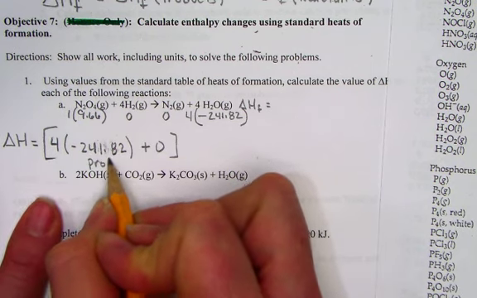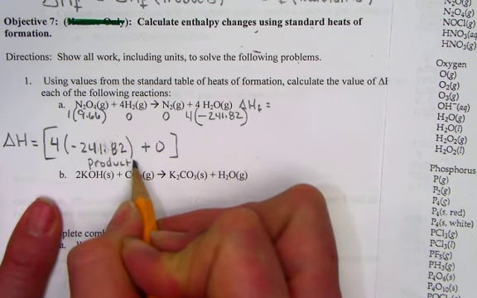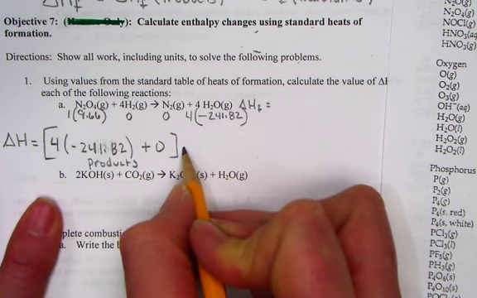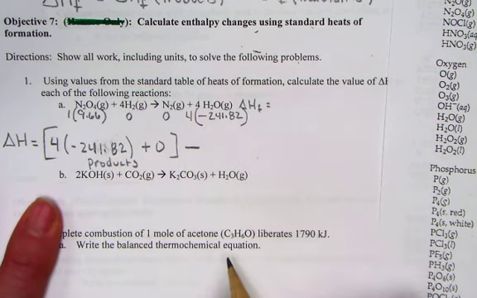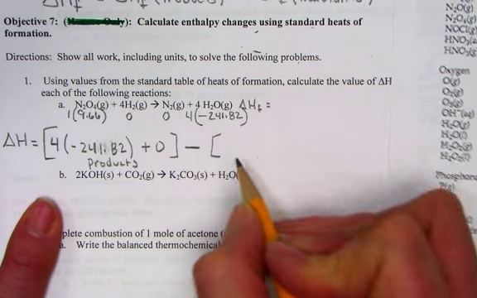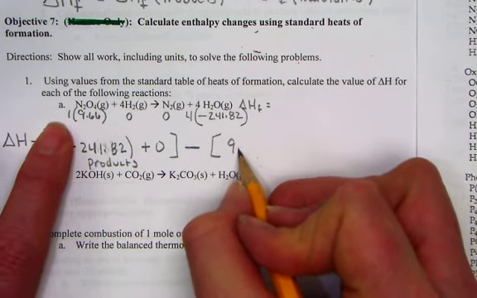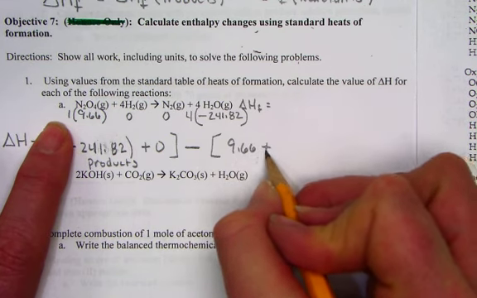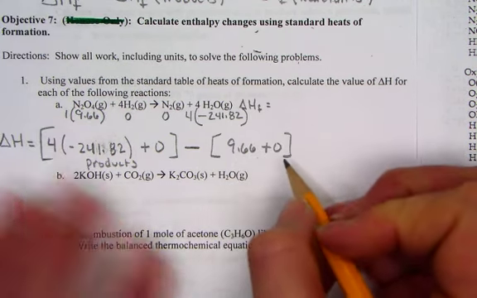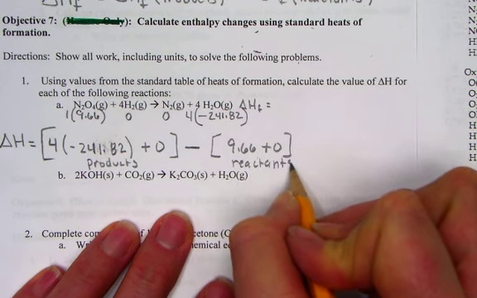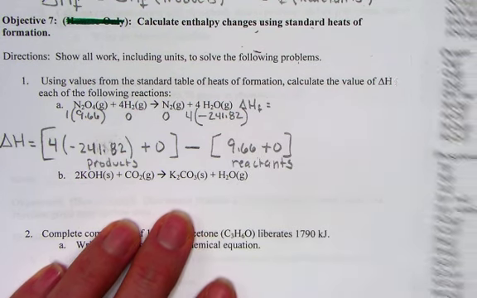Now I don't need to write that, but I will to emphasize that I'm including both the water and the nitrogen. We will subtract that from the value of the reactants, 9.66 plus 0. Products minus reactants.